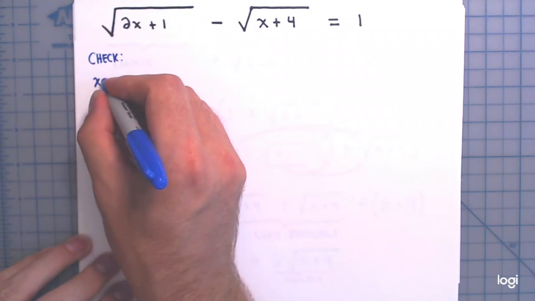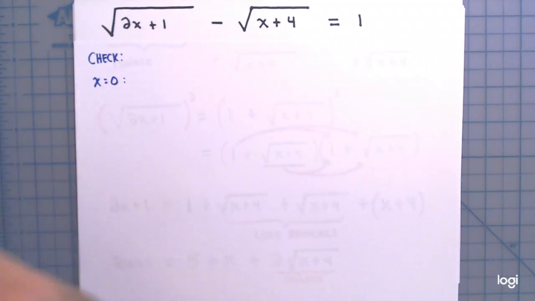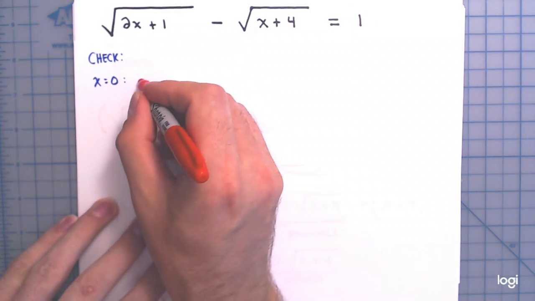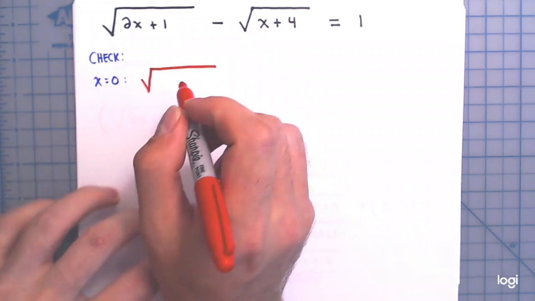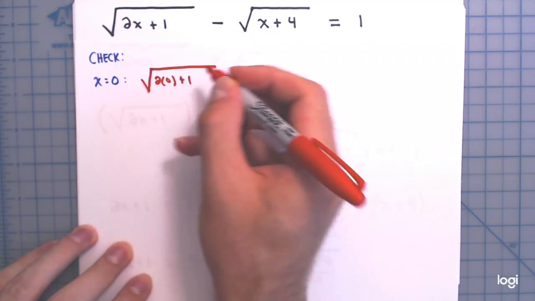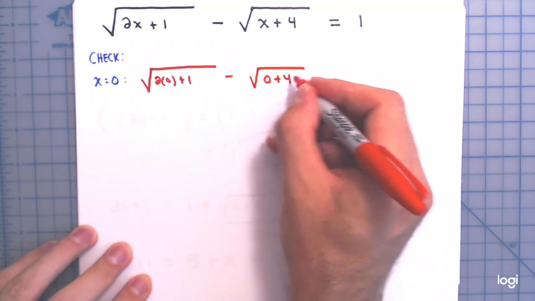First, x equals 0. If x is 0, and this is the original statement here, we have the square root of 2 times 0 plus 1 minus the square root of 0 plus 4.